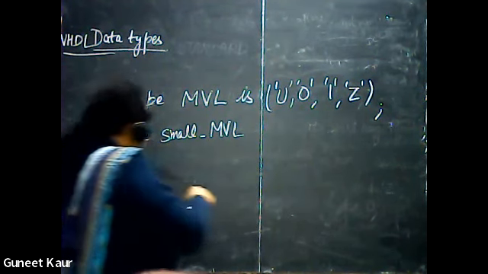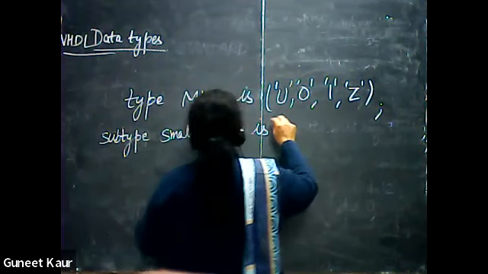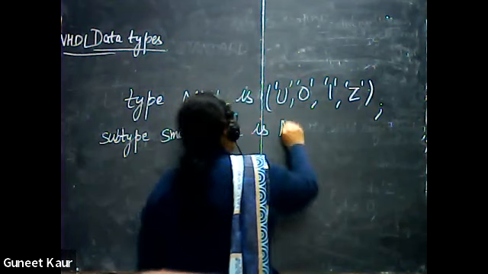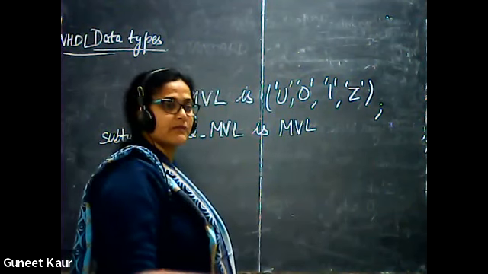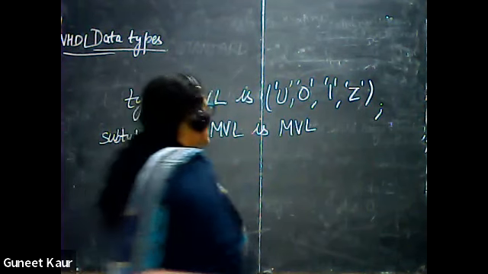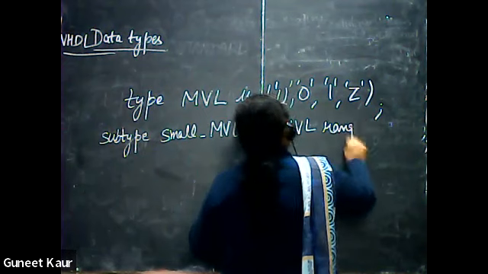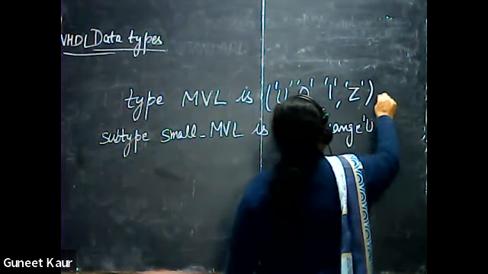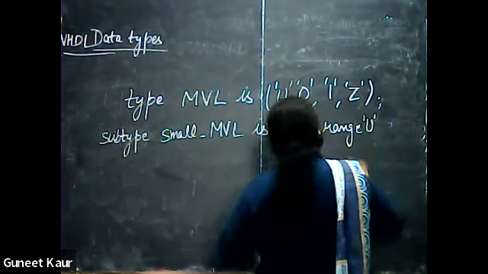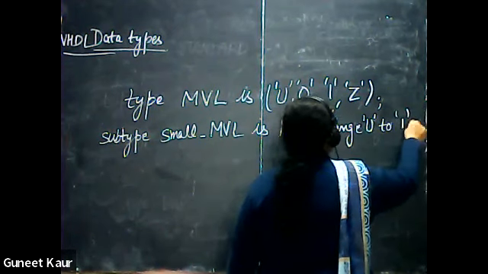Subtype name is here, and the base type is MVL. I have to mention the base type. This is the base type. If you compare this with the syntax, this will be MVL range. Range means we are using only U, 0 to 1.